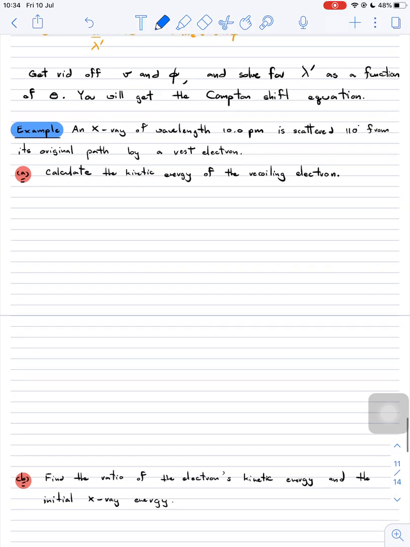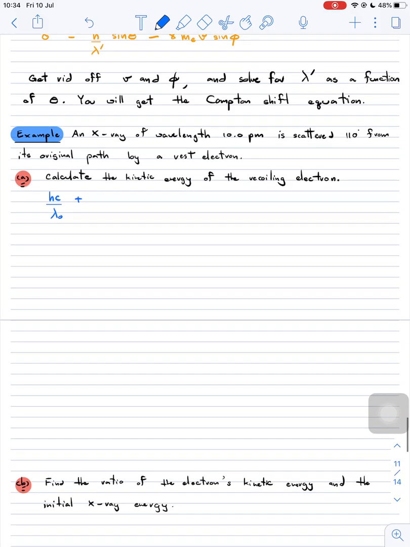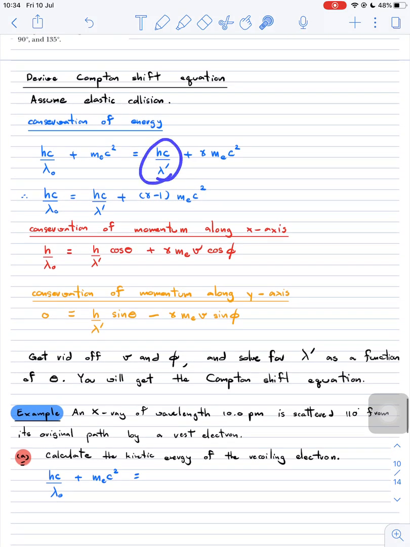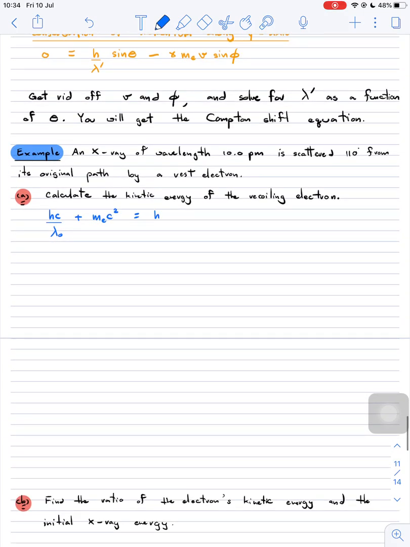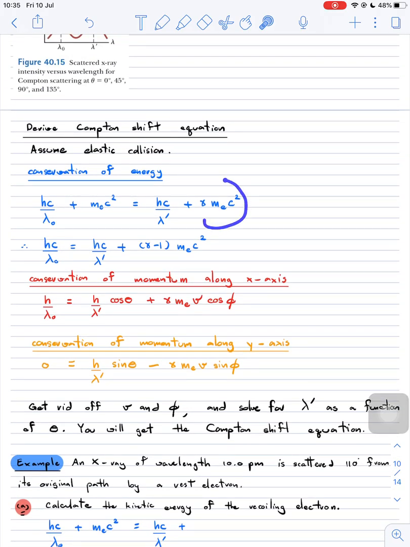We have hc over lambda naught, plus the rest energy of the electron, so m_e c squared equals hc over lambda prime plus, now don't forget that this term is the total energy of the electron.